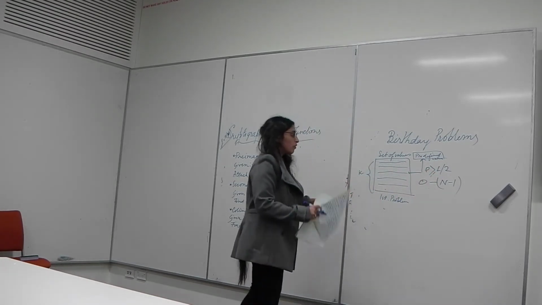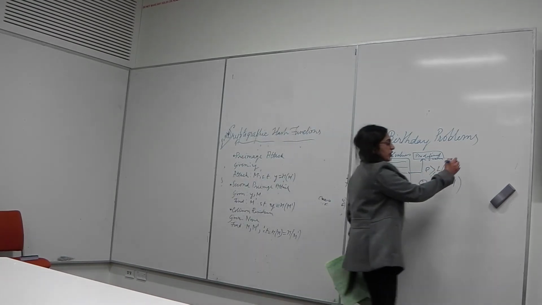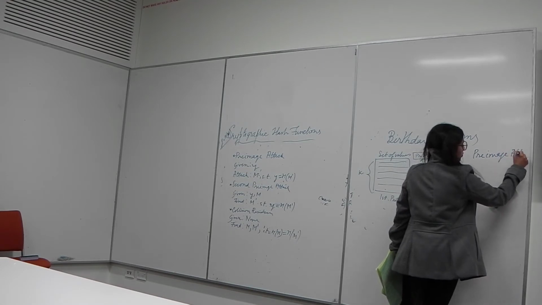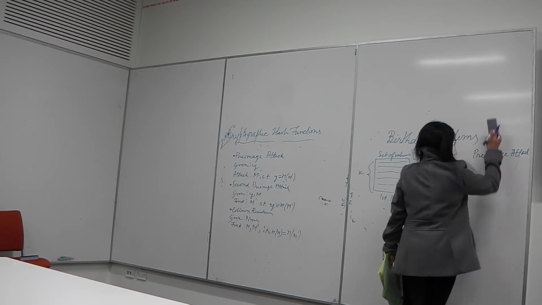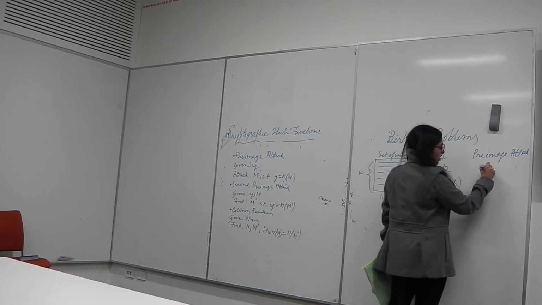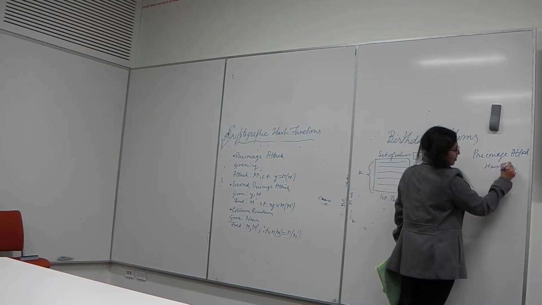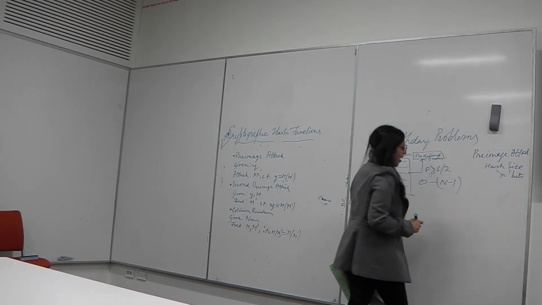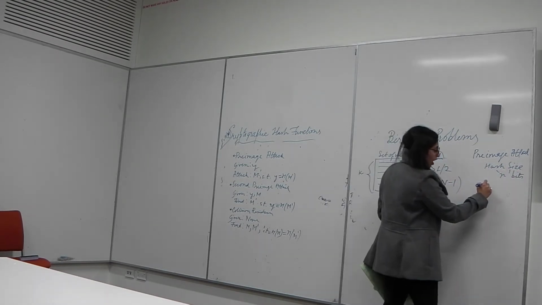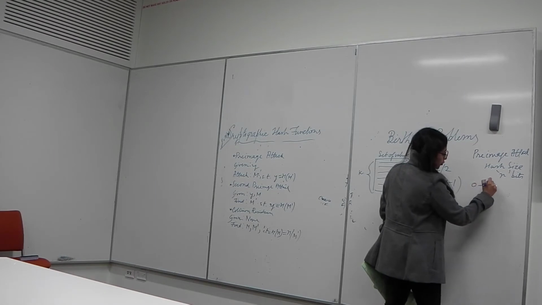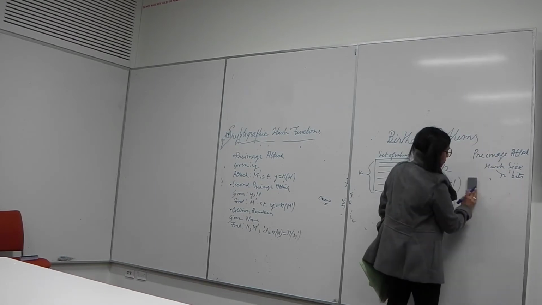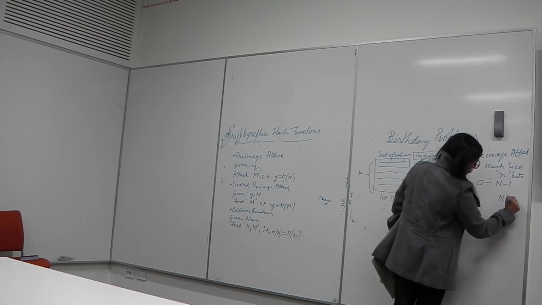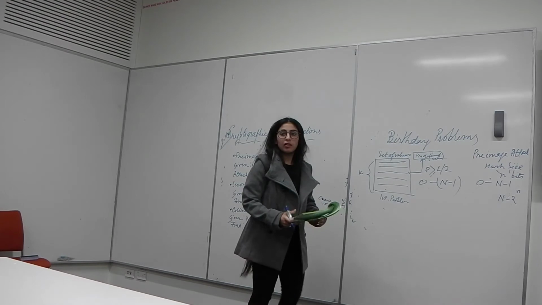It is equivalent to this pre-image attack. So let's say hash size is n bits, and we have 0 to 2 to the power n.